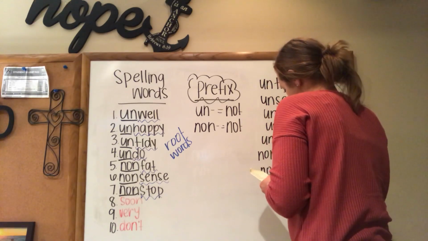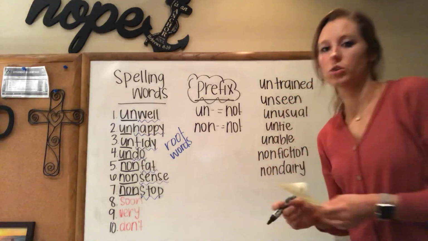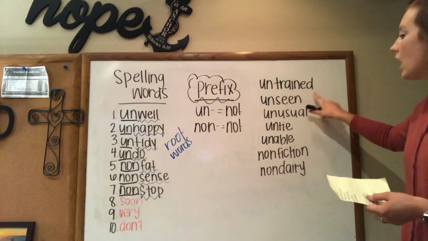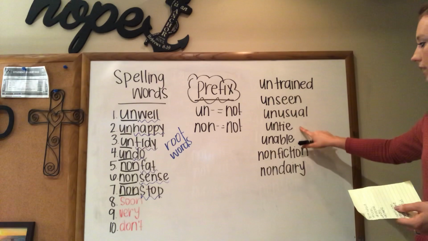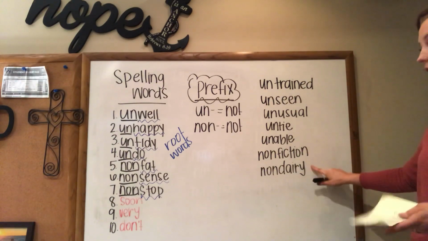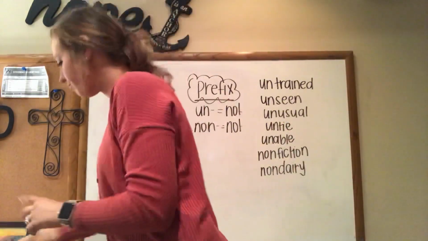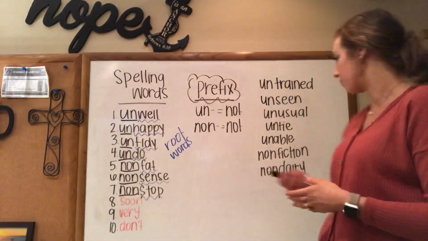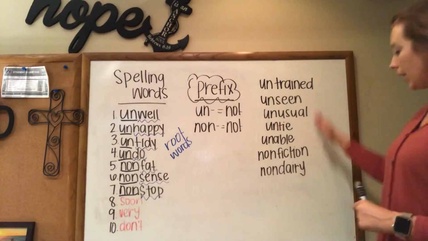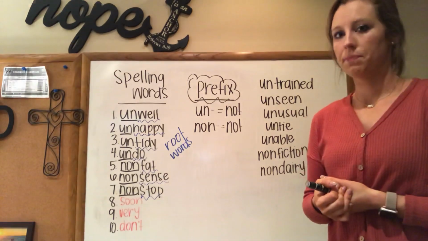We have untrained, unseen, unusual, untie, unable, nonfiction, and non-dairy. So I want you to think about what those words mean. So pause the video, take a minute, and think about what those words mean.